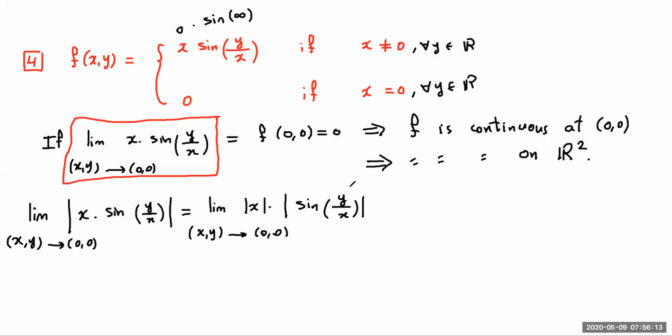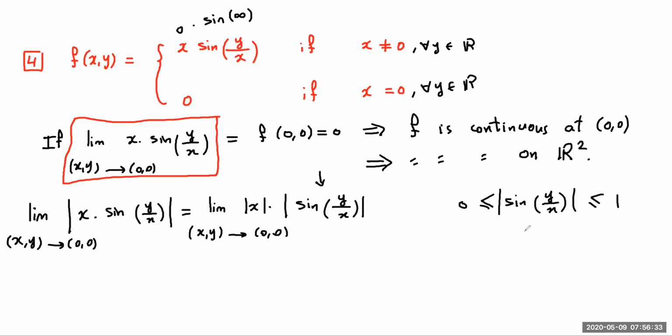Now, this term here, sine y over x, in absolute value, is between 0 and 1, because I have absolute value. If it's without absolute value, it's between -1 and 1.